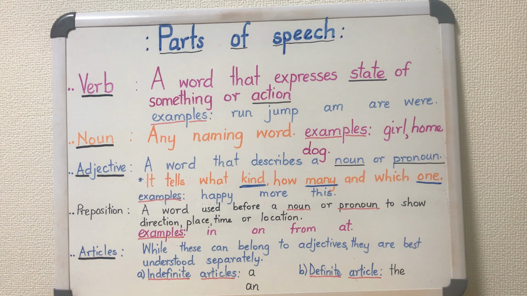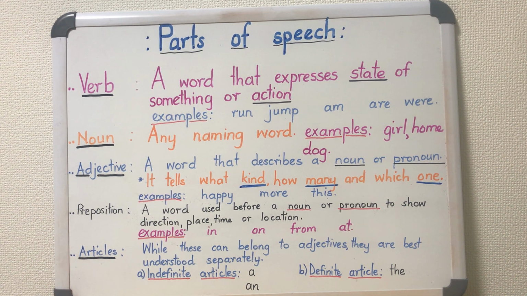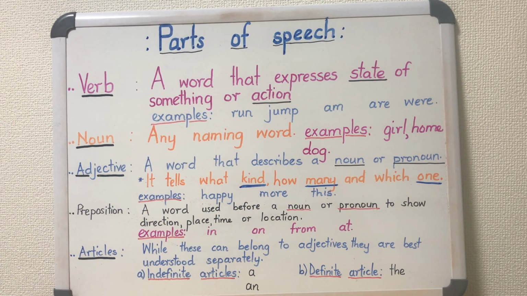Among the examples that I have given, I want you to try and see which of those verbs fit under verbs of state and which ones fit under verbs of action. The examples I gave are run, jump, are, and were. Just those few. There are many. We will come back and look at verbs in greater detail in the forthcoming videos.